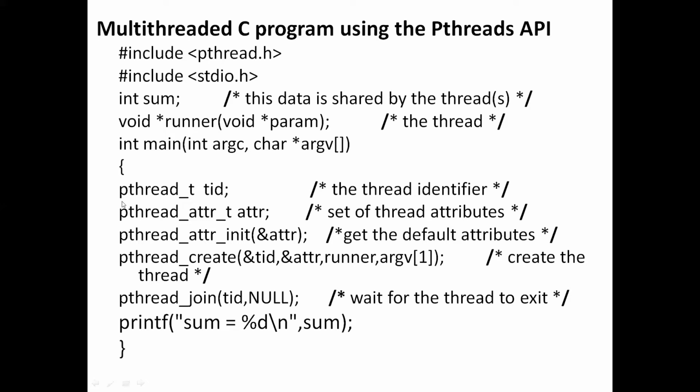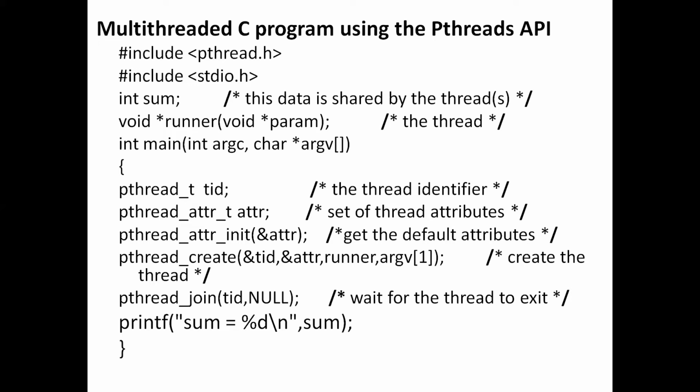Next, in this program, the first statement is pthread_t tid. That is, we are declaring a thread id. Every thread is identified by a unique thread id, as we discussed in the previous session. Every thread has a thread identification number.